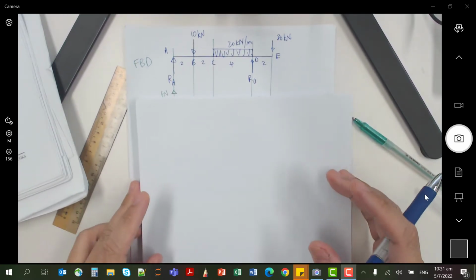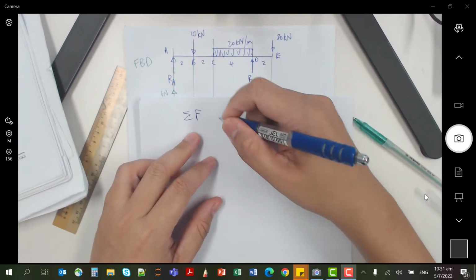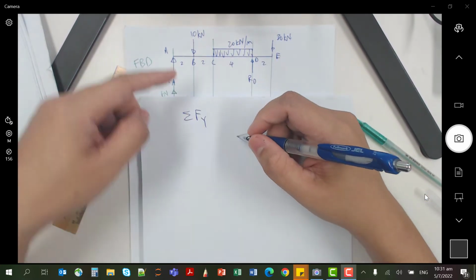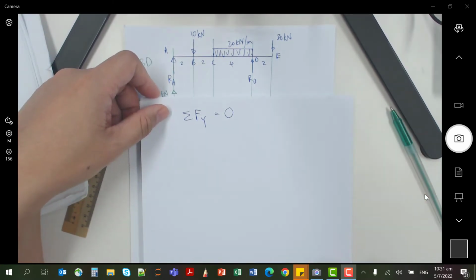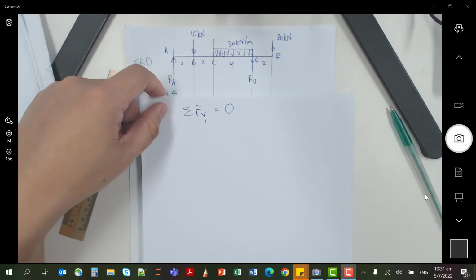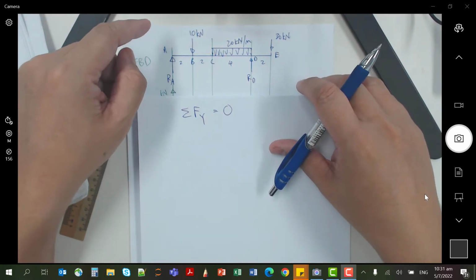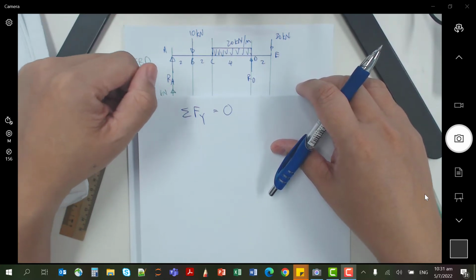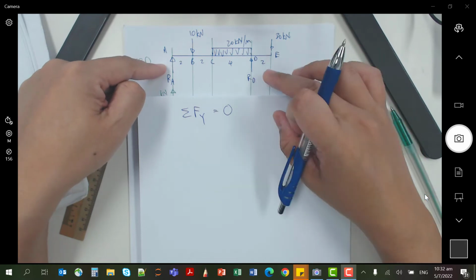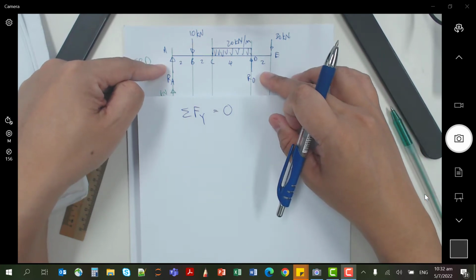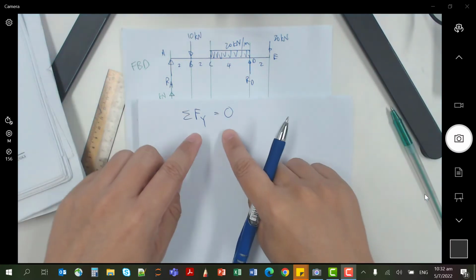So what are the equations that we can write? The first one is sum of forces in the y direction, which is the vertical direction, equals 0. Then you are going to define one direction as positive, so the other direction will have to be negative. If we take upward as positive, then RA and RD will be positive, and the others are all negative in this equation.